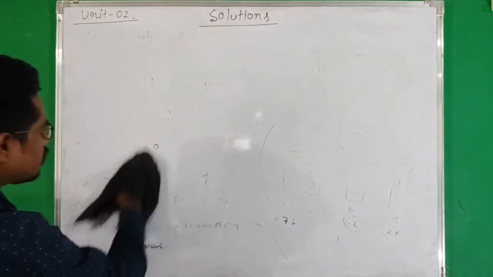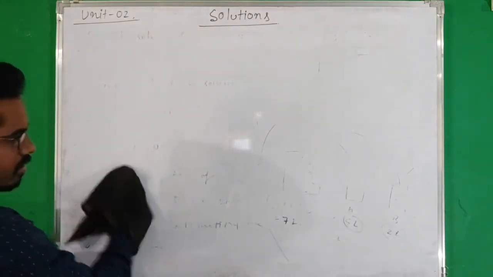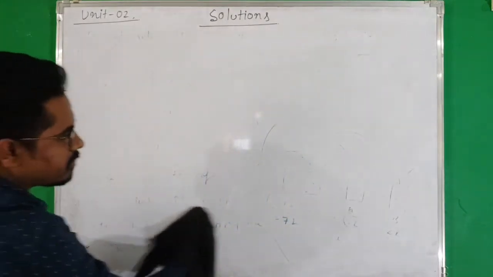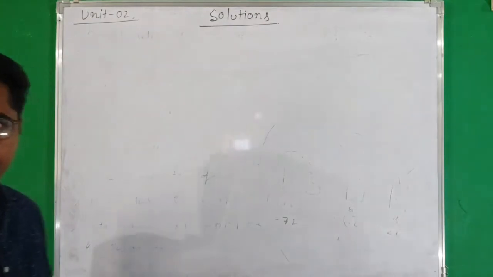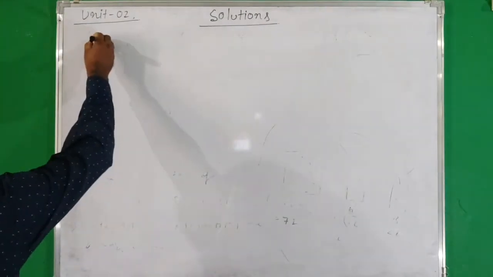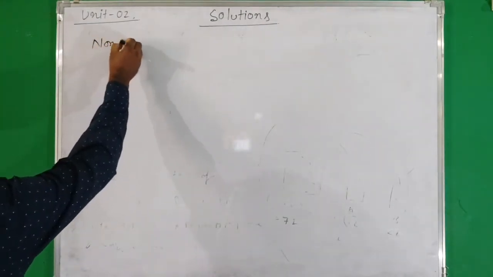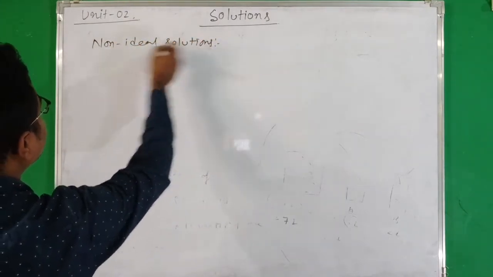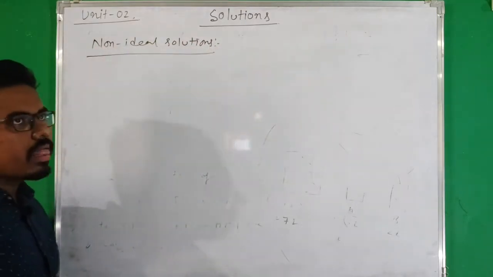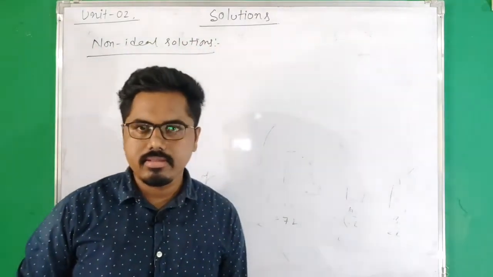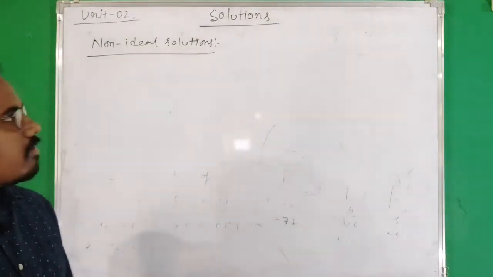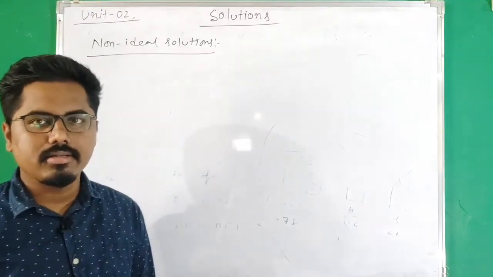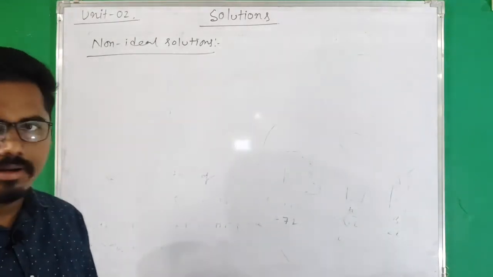And non-ideal solutions are those solutions which do not obey Raoult's law over the entire range of concentration. Whatever may be the concentration, these solutions will not obey Raoult's law.